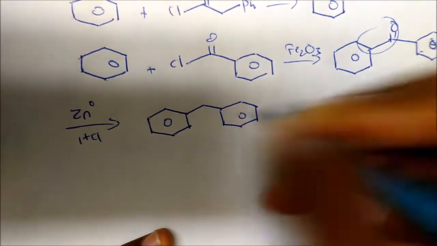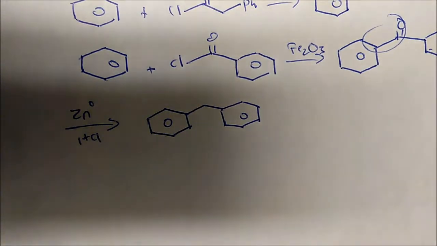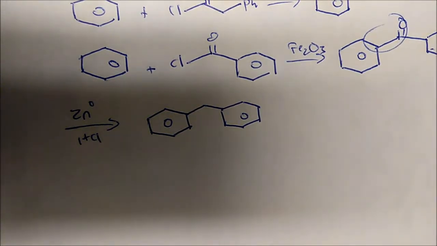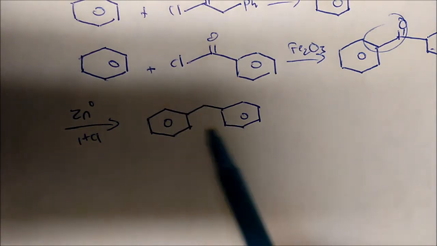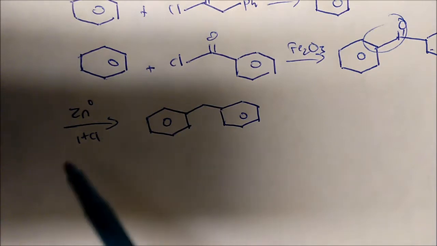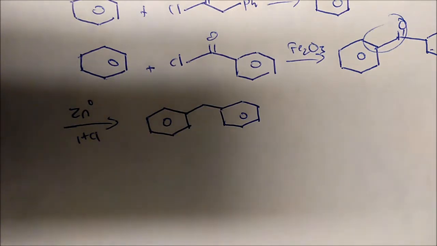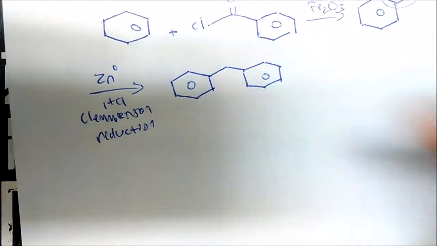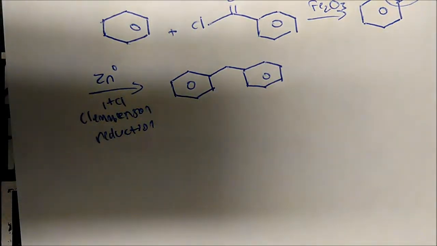The carbonyl just disappears, so that's something to know. Maybe you were given this specific molecule on a test and they asked you to make this from benzene and an acid chloride. Well, you would have to do Clemmensen reduction, so you would have to know that.